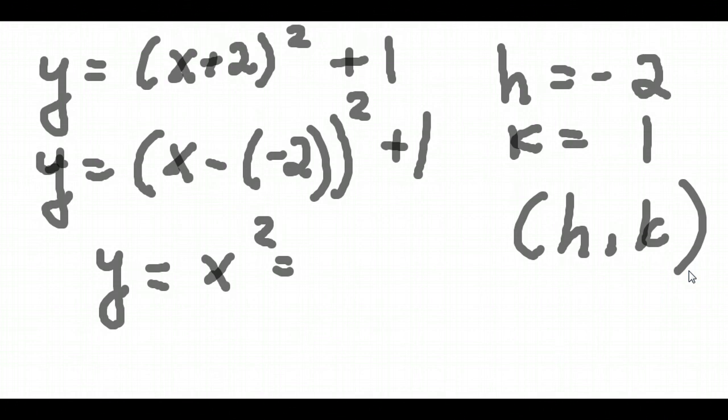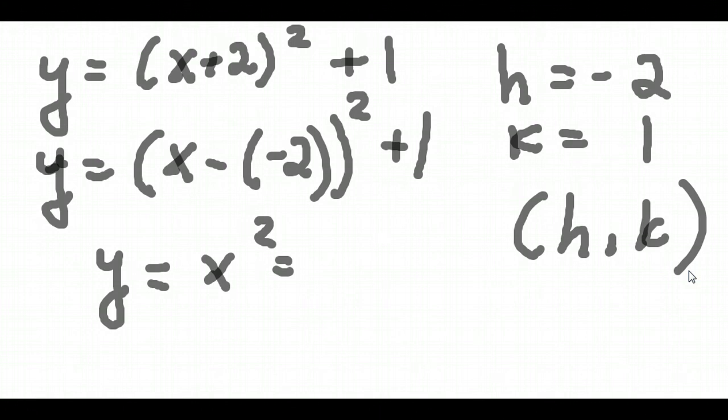What is our h value and our k? I need to hear you, Nina, and I need to hear you, Brian. What is our h value? -2. Okay, what's our k value? 1. Right.